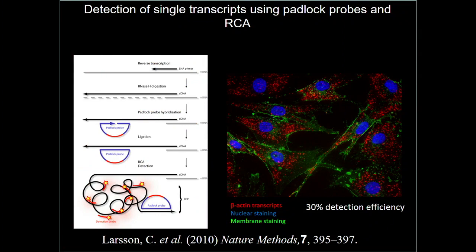We have devised protocols to do this in cells, in tissues, in fixed cells and tissues. And our current main target of analysis is mRNA sequences. So the protocol we're using will first reverse transcribe all the RNA into cDNA.